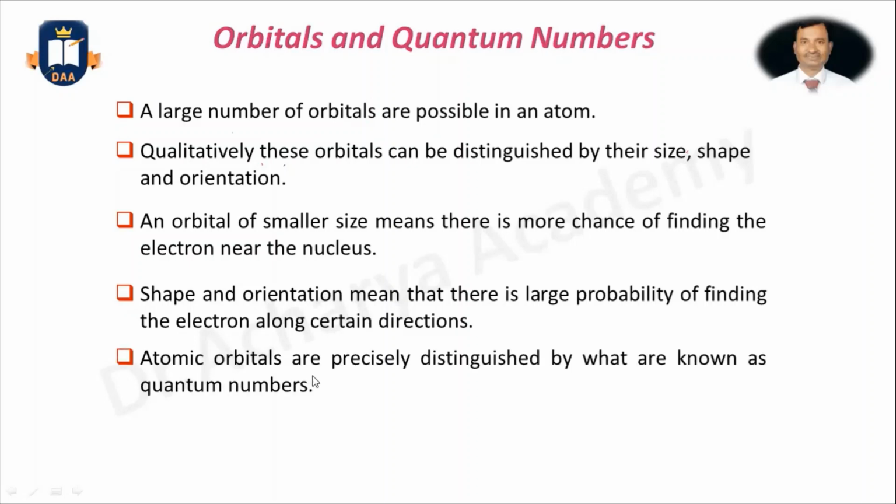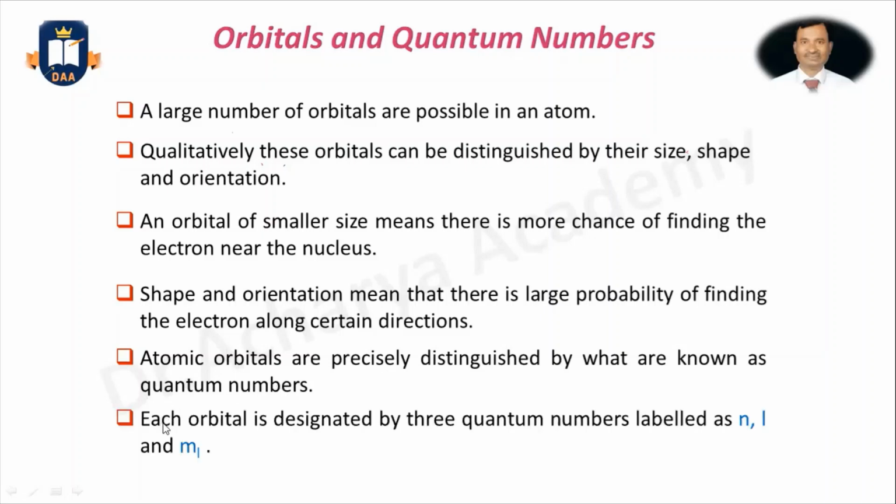Atomic orbitals are precisely distinguished by quantum numbers. That means from the quantum numbers, we can identify the size, shape, and orientation of atomic orbitals precisely.